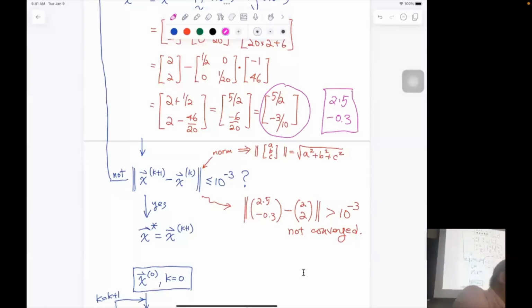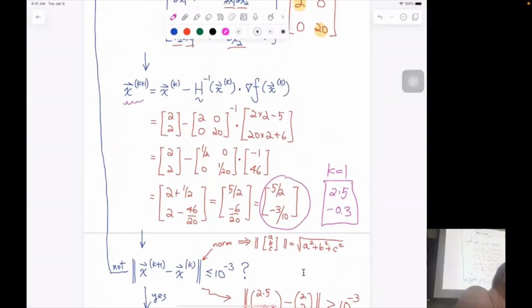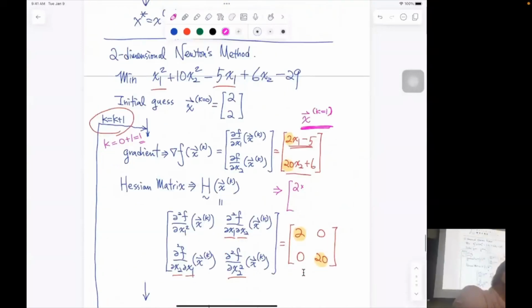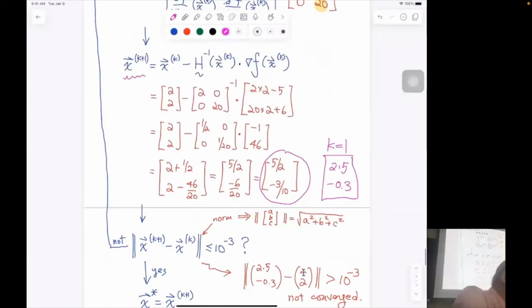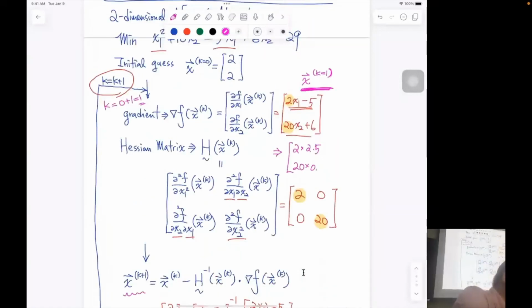This is the solution at k equals 1 here, right? So I plug in 2.5 here, 20 times 0.3. I need a negative sign in the front, minus 5 and plus 6. Did you notice it becomes 0 and 0? Okay, that's a magic show, right? That's the magic.